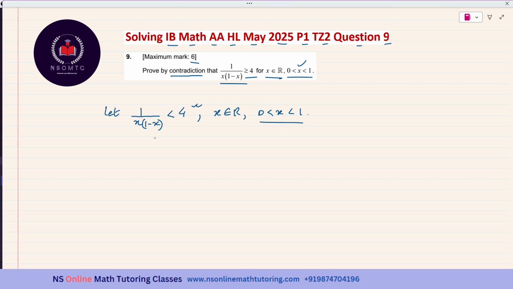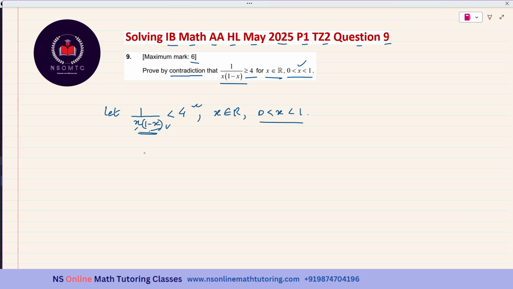Do we multiply both sides by x times 1 minus x? Yes, we can, because x is a fraction, less than 1 and greater than 0. So x is a positive number, 1 minus x will also be positive, so the product is positive. Hence, if we multiply both sides by x times 1 minus x, the inequality sign will not change.